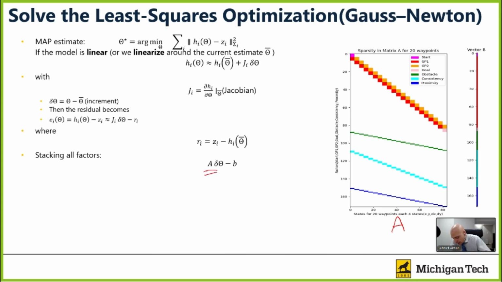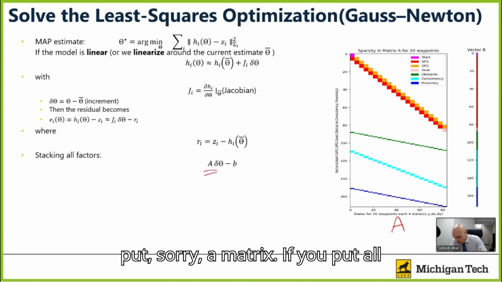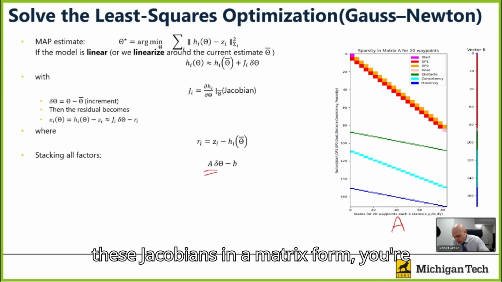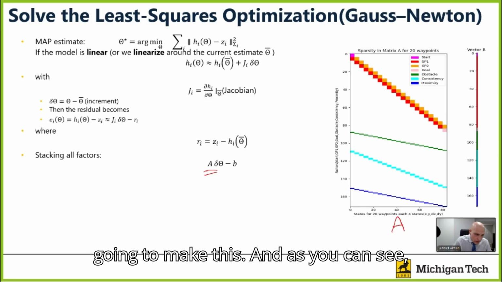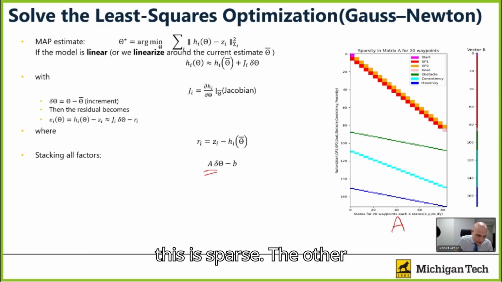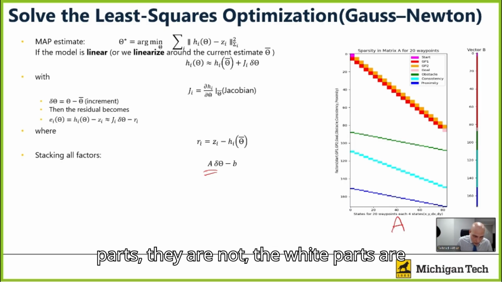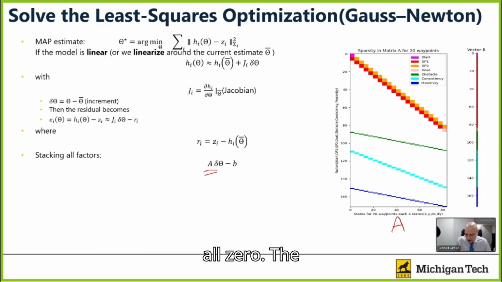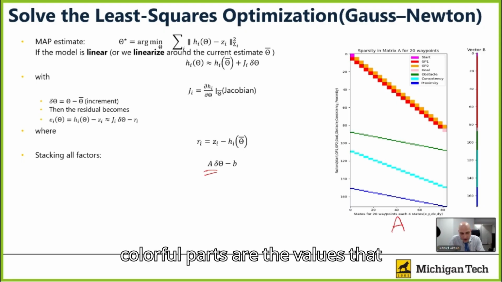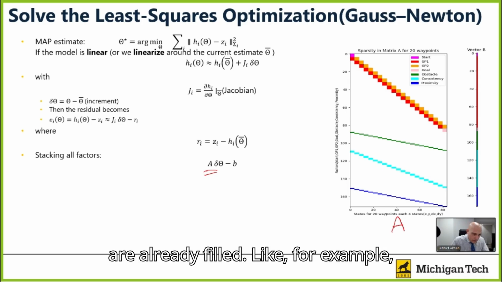If you put all these Jacobians in a matrix form, you're going to make this A matrix, and as you can see, this is sparse. The white parts are all 0. The colorful parts are the values that are filled.